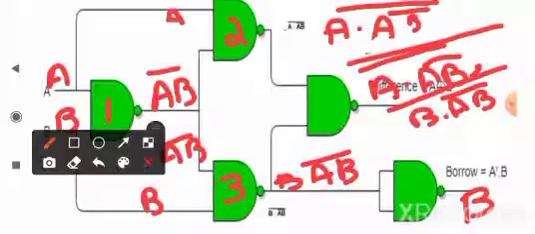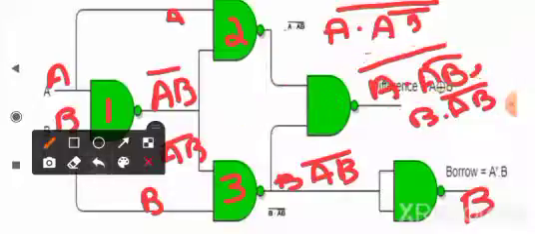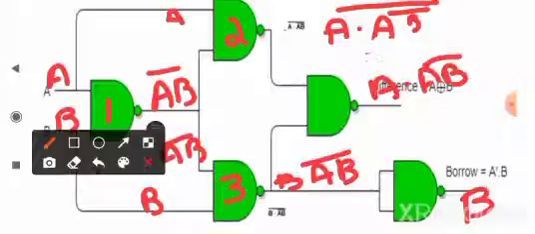The whole complement is applicable. So there you will be getting A XOR B. It is the same thing which we followed for the XOR in the half adder. There is no more difference.